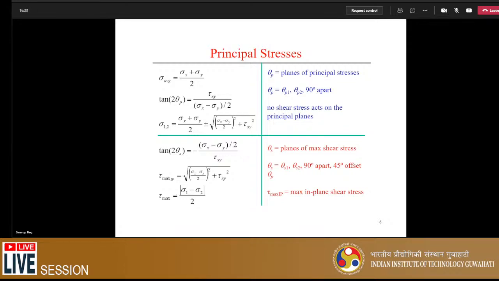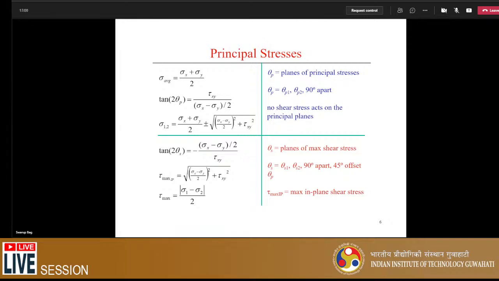From here we can find out theta, and then define the plane on which the principal stress is acting. So theta p means, for example, at one angle with respect to the x-axis, say theta p1, one principal stress is acting, say sigma 1, and at another angle, say theta p2, the other principal stress acts, which is 90 degrees apart with respect to theta p1.